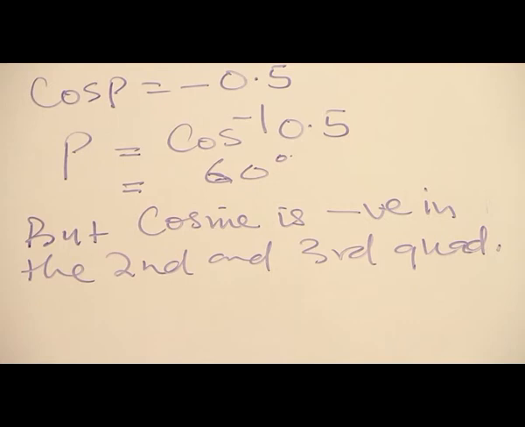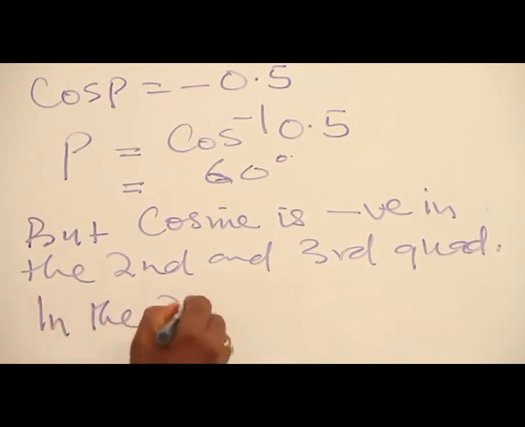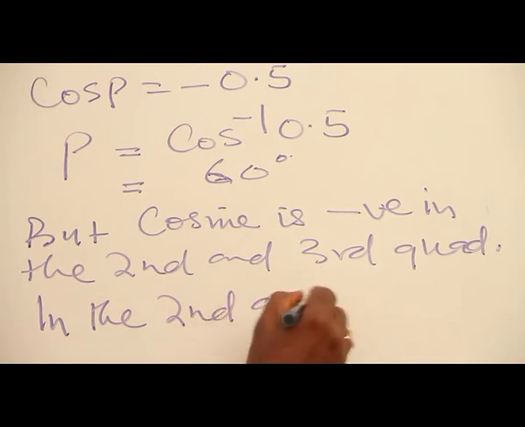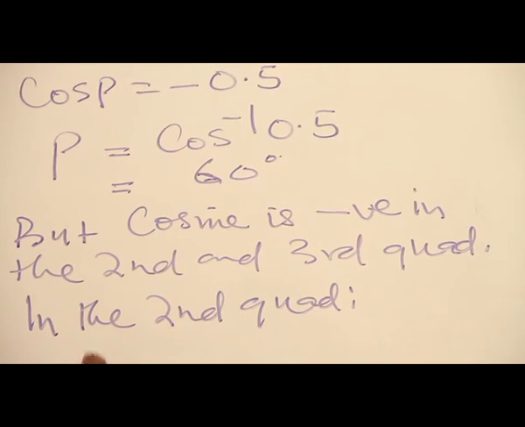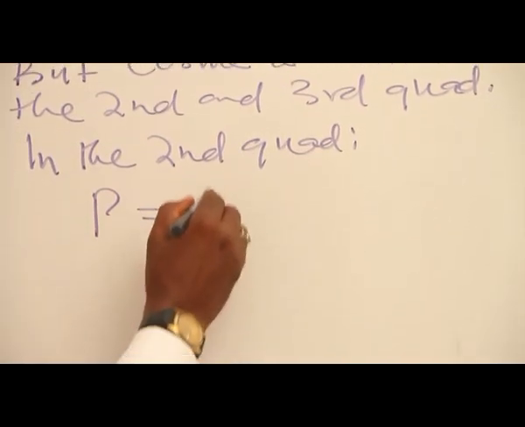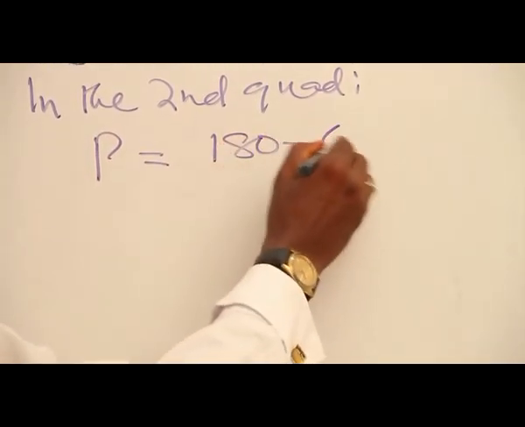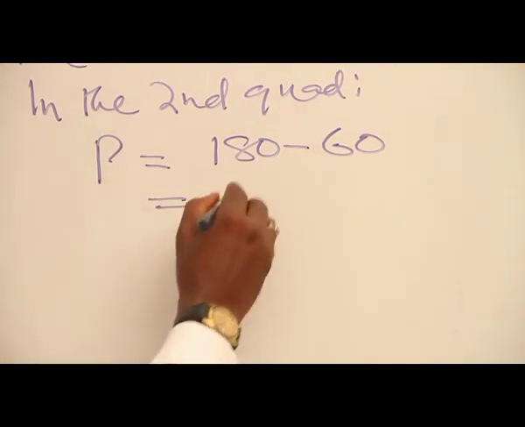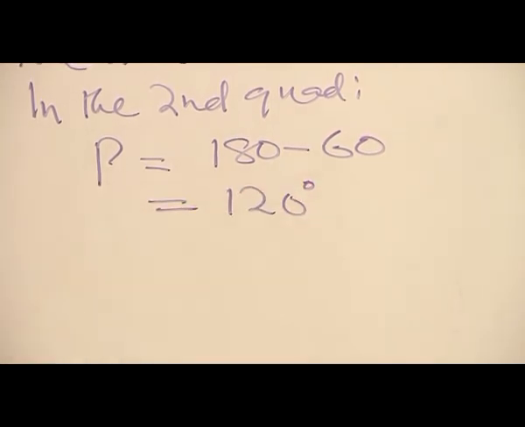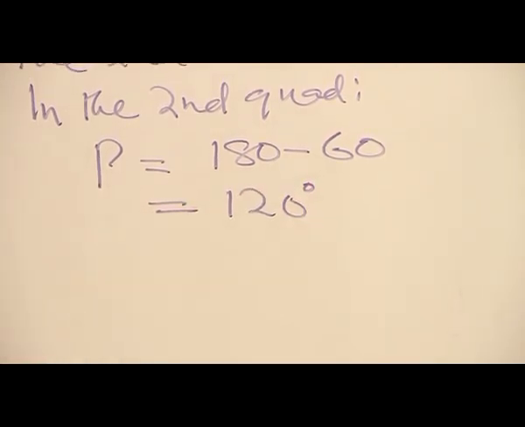We will now consider the second quadrant. So in the second quadrant, we have our P to be equal to 180 minus 60, and that will give us 120 degrees.